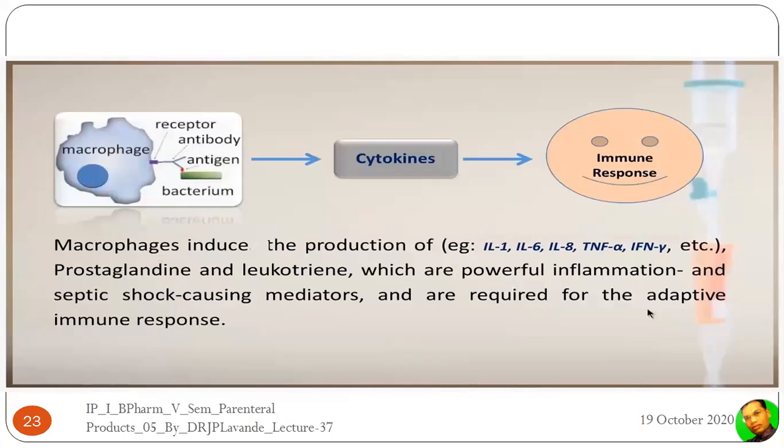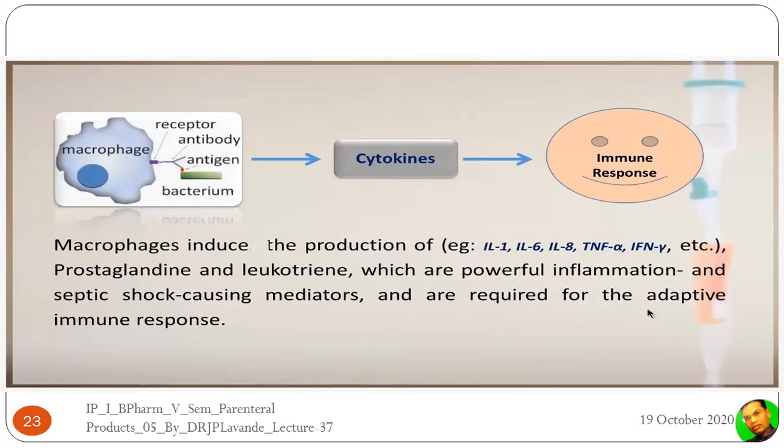The macrophages induce the production of different kinds of interleukins, like interleukin 1, interleukin 6, interleukin 8, TNF, that is tumor necrosis factor alpha, and interferon gamma, etc. These macrophages have receptors on their surface, and when the antibody binds to these receptors through its Fc portion, and the antigen is in contact with the lipopolysaccharide component of the bacteria, at that time they cause the release of cytokines, and these cytokines are responsible for producing the immune responses.